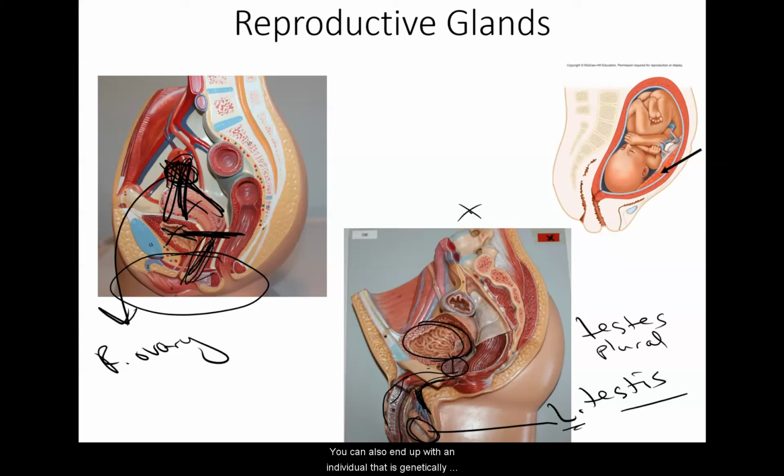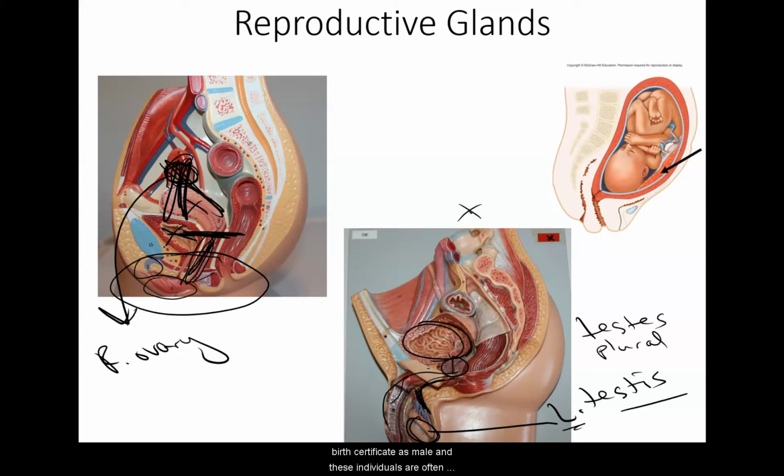You can also end up with an individual that is genetically female and has two X chromosomes. However, because of an excess of testosterone, then they end up with an enlarged clitoris and enlarged labial folds that actually appear at birth as if they may have a scrotal sac and a kind of reduced penis, and therefore get marked on a birth certificate as male.